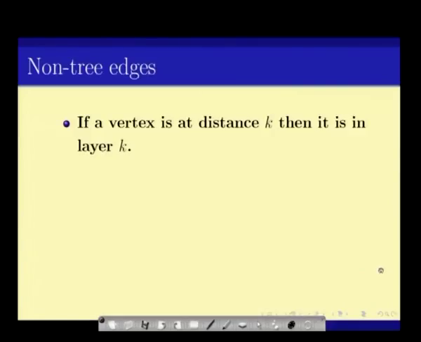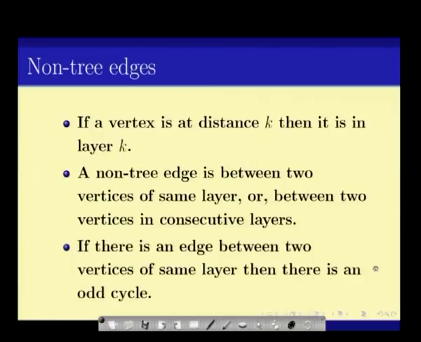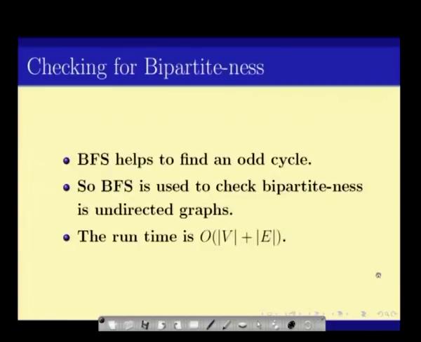If the vertex is at distance k, then it is in layer k, and a non-tree edge must be between 2 consecutive layers, and if there is an edge between 2 vertices of the same layer, we get an odd cycle. So, checking for bipartiteness is just running the BFS algorithm and checking whether there exists an odd cycle. The runtime is order V plus E.